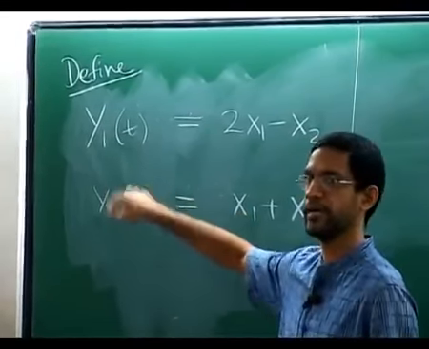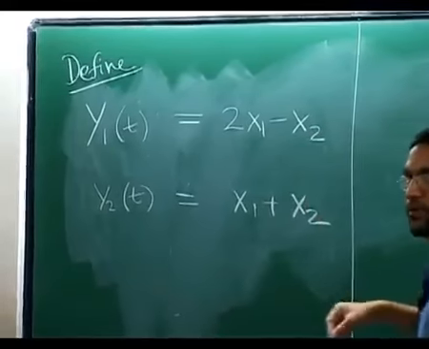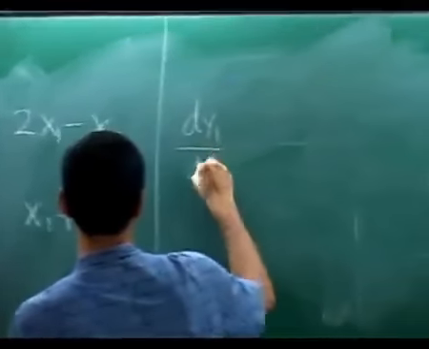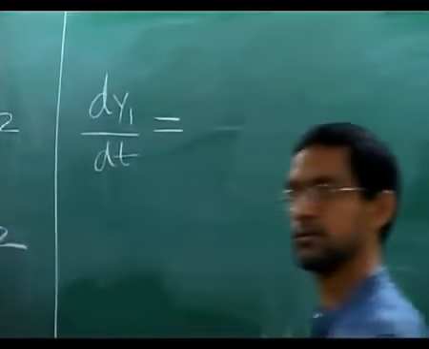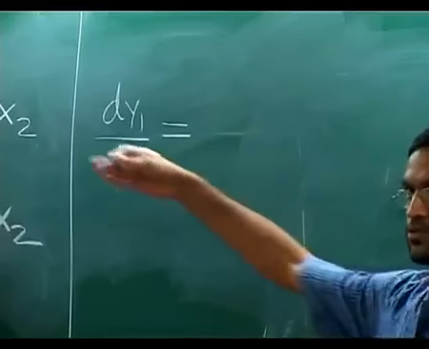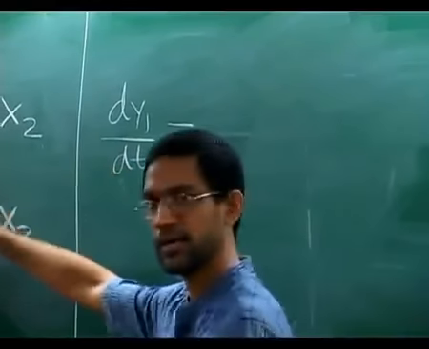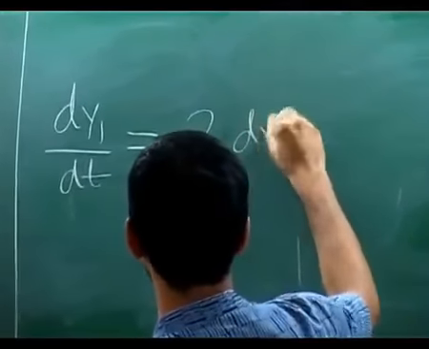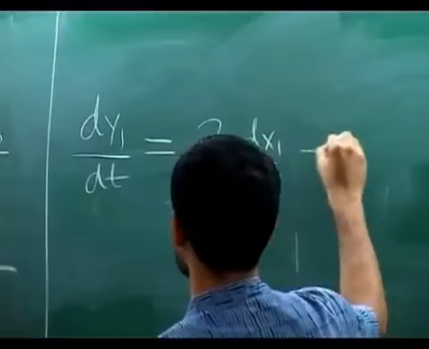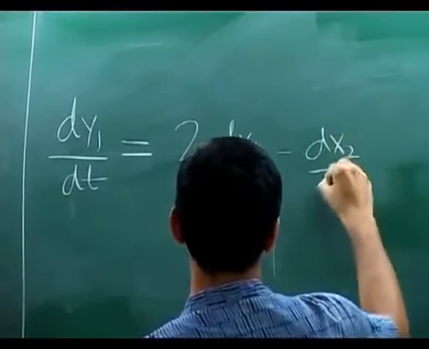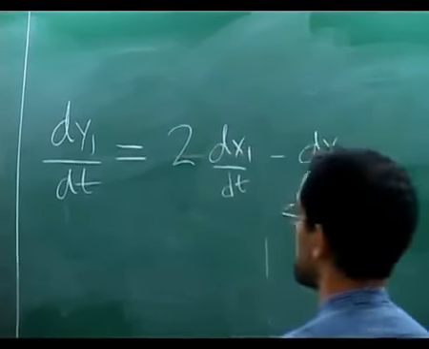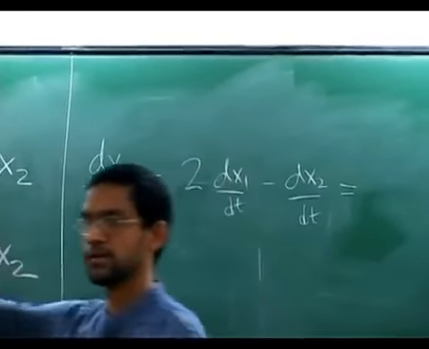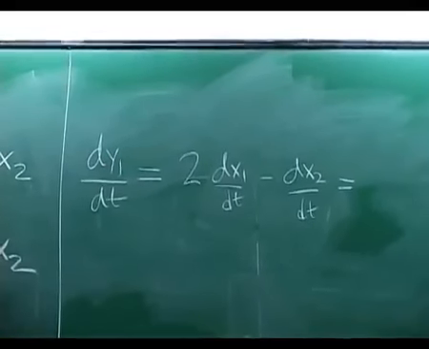So what is dy1/dt and what is dy2/dt? I want to find the equations for my new variables. What is dy1/dt? It's 2 times dx1/dt minus dx2/dt. dx1/dt I know from those equations is 2x1 plus x2.